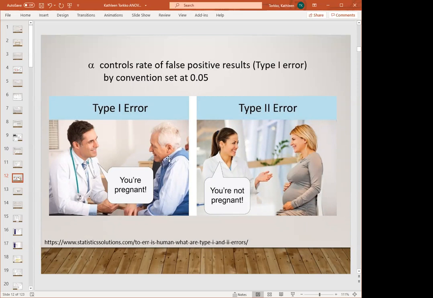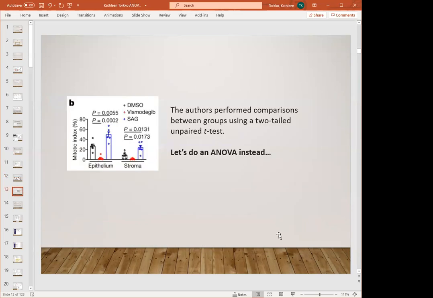You want to try to keep that controlled at 0.05. So when you do one test versus two tests, you start to get into that area. Now, this isn't going to be a big difference, but there are cases where you can do maybe 5, 10, or hundreds, or even thousands, but you want to make sure that you're doing the appropriate test to help control against the possibility of doing multiple testing.